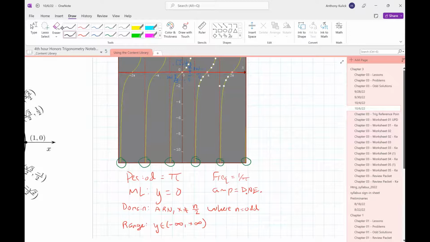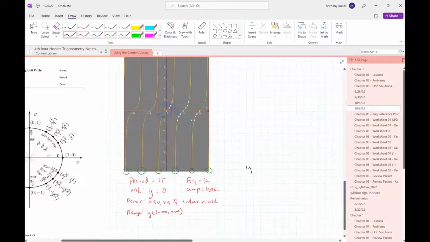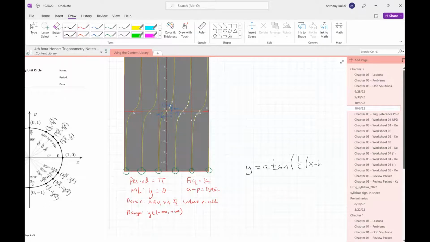So what if we talk about the transformation then of this? What's the period going to be here? Very good.